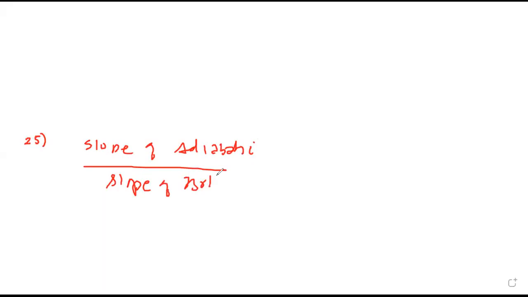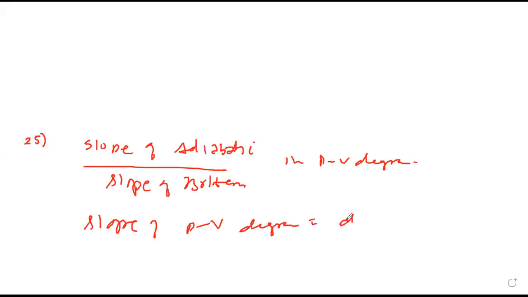The ratio of slope of PV graph of adiabatic to slope of isothermal in PV diagram. Do you know what is the slope of a PV diagram? Can I say it will be dP upon dV? What will be the slope in PV? dP upon dV?